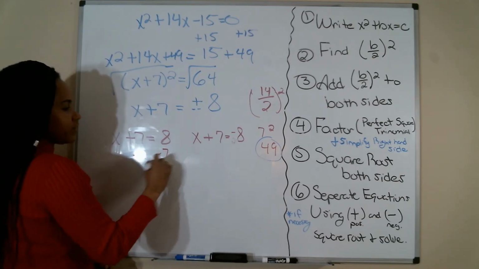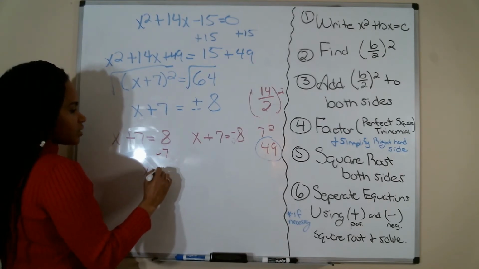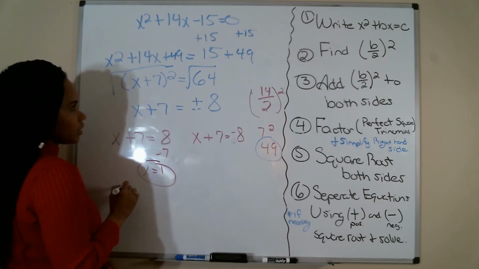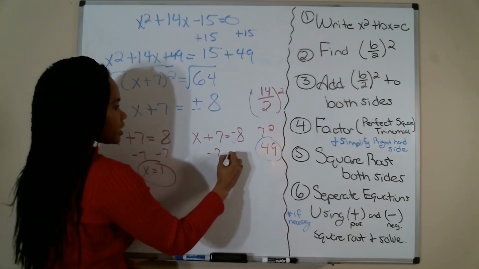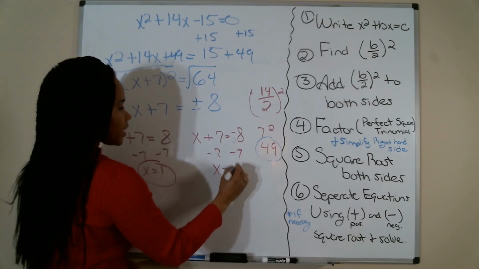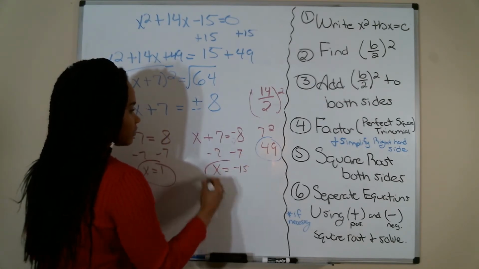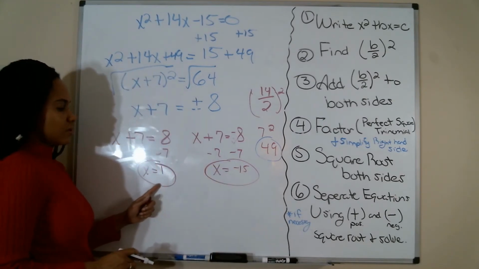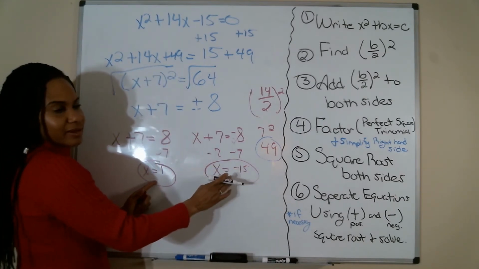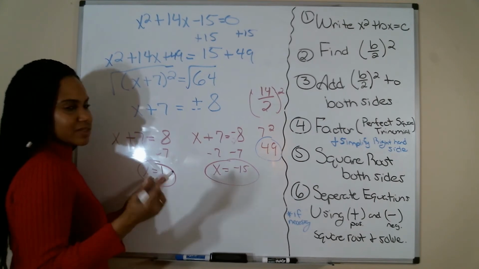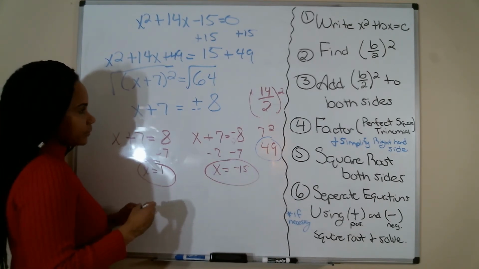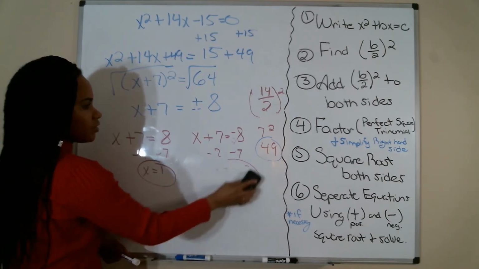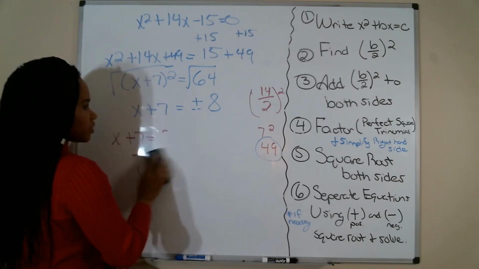So subtract 7. 8 minus 7 is 1. And subtract 7. Negative 8 minus 7 is negative 15. So my answers are 1 and negative 15. Alright, so that's one way. The other way, and I don't think any one way is better, it's just whatever you prefer.